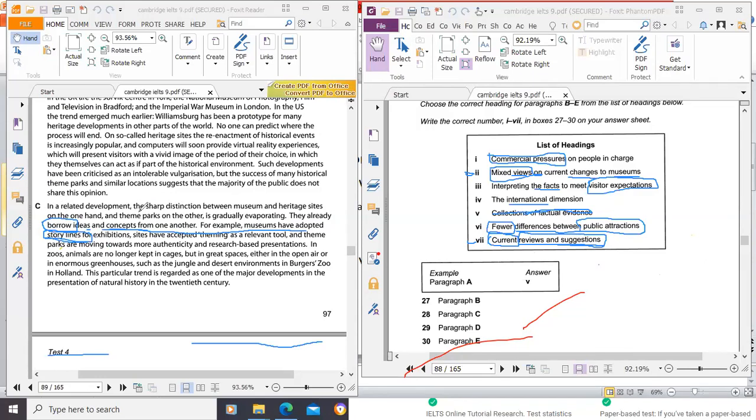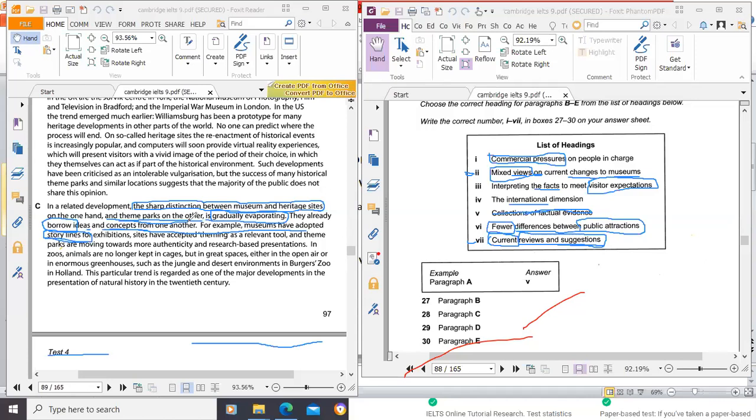So in related development, the sharp distinction between museum and heritage sites on the one hand, okay, they put museum and heritage sites on one hand and theme parks on the other hand, is now gradually evaporating, disappearing. So you give it your own meaning. It says there is no difference, no distinction between heritage and theme parks. Am I right?